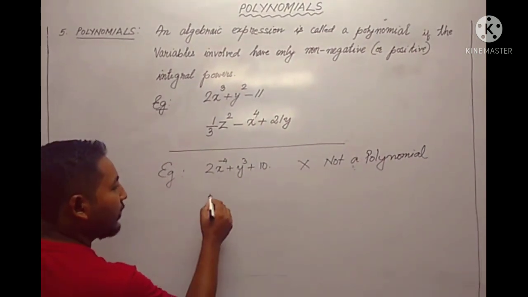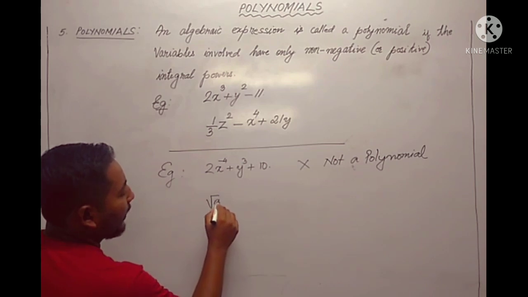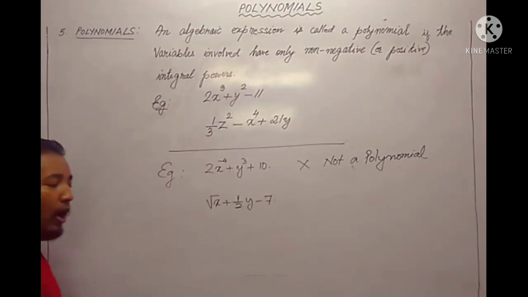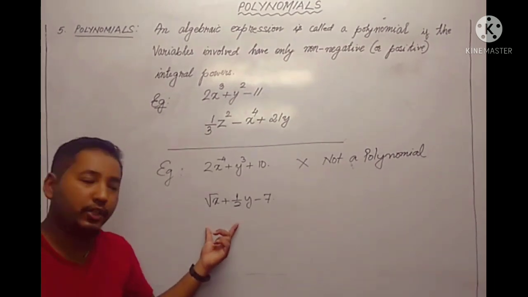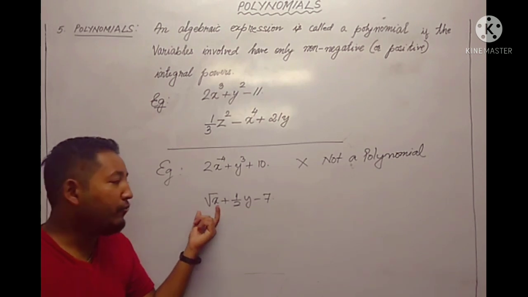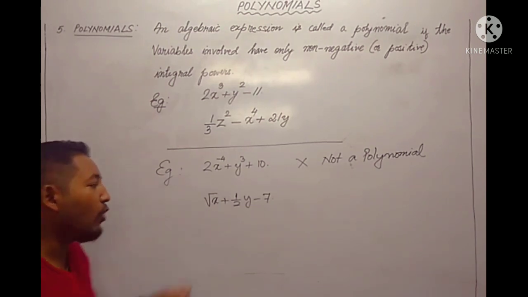Another example I can give you. I will write root over x plus 1 by 2y minus 7. Now if you look at this expression, what is the power of x? Before we do that, let me convert this one.